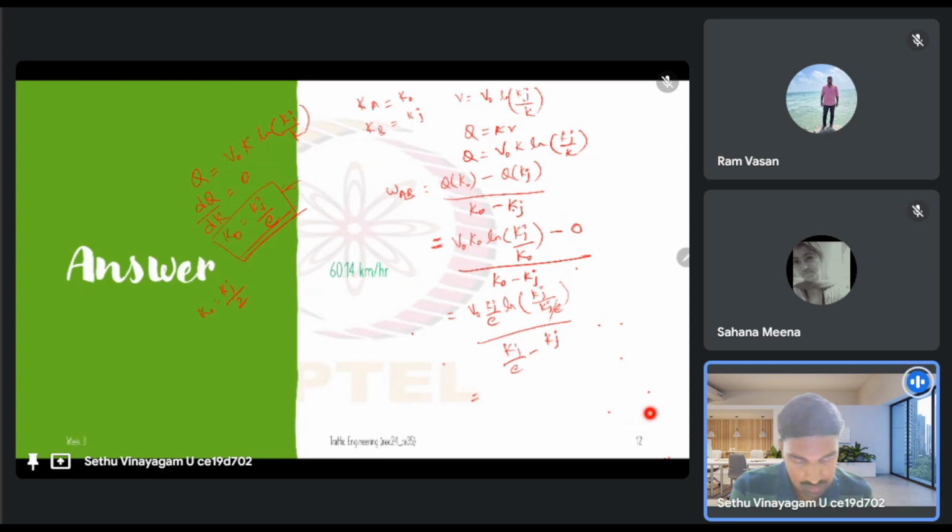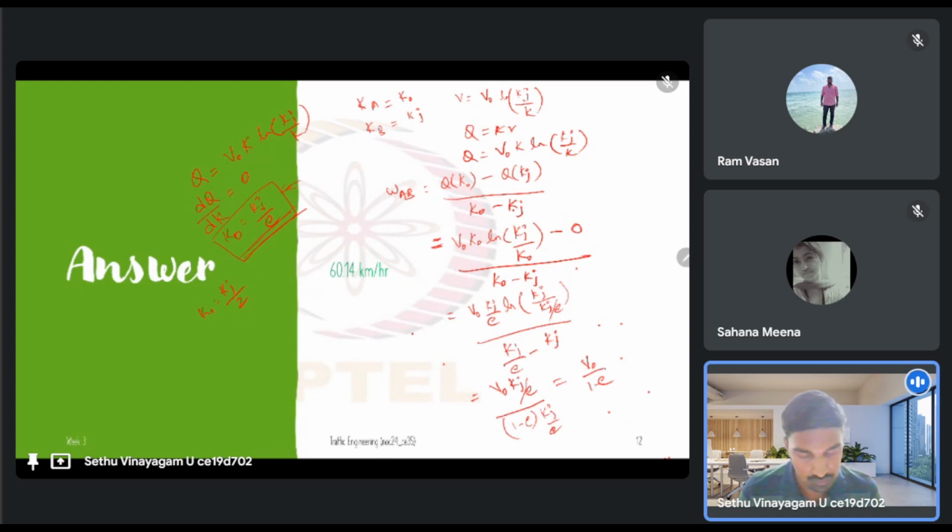Log of Kj by E, so Kj gets cancelled, so log E will be 1. So in the numerator we have V0 Kj by E, and in the denominator we have 1 minus E times Kj by E. This will be nothing but V0 by 1 minus E. Kj by E got cancelled in the numerator and denominator.